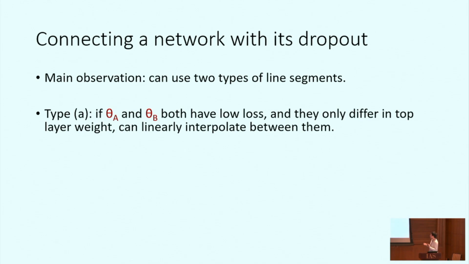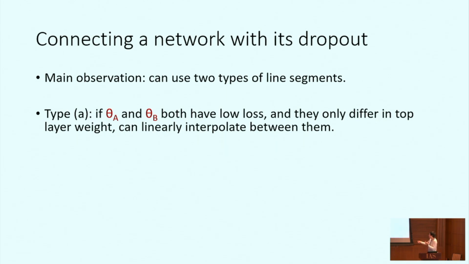A type A segment says that if two parameters of neural networks both have low loss, and they only differ in the top layer weight, so all the previous layers are exactly the same but their top layer weights are different, then we can always linearly interpolate between them, because it's easy to see that the standard neural network architecture is convex in terms of the top layer weight. When you have a convex function, you can always do a linear interpolation.